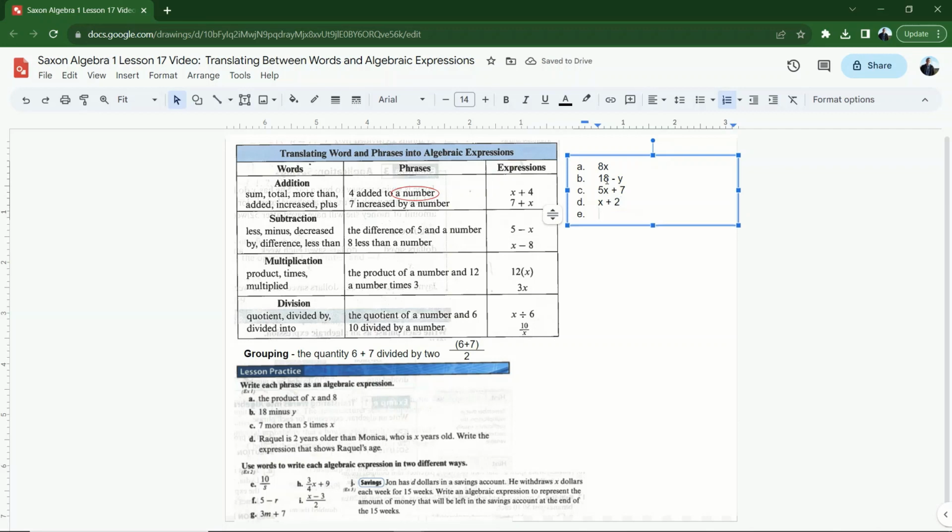Letter E, use words to write each algebraic expression. Now, if you're asked to do these, I suggest you use the language that's the most direct. 10 divided by s could also be written as, let's see, how else could we write this? Well, I could say the quotient of a number and 10, no, let me think about that for a second, the quotient of 10 and a number, because I'd have to list 10 first for it to appear first in the problem.